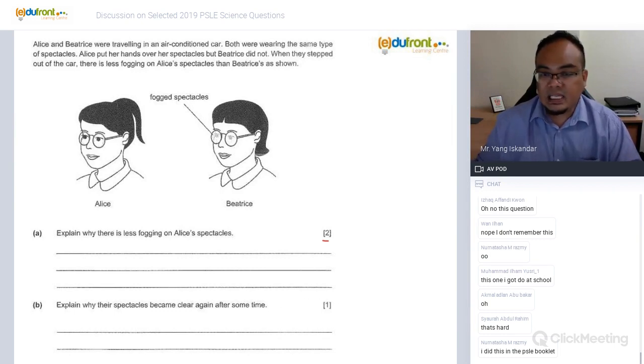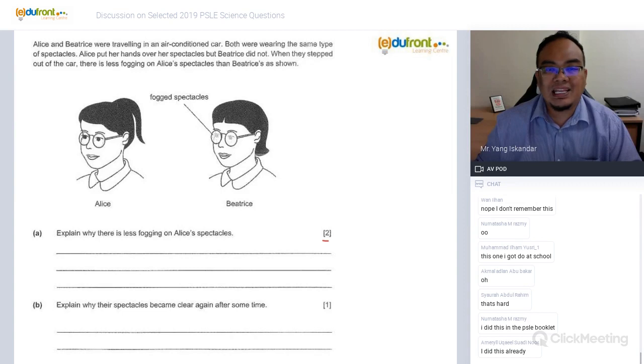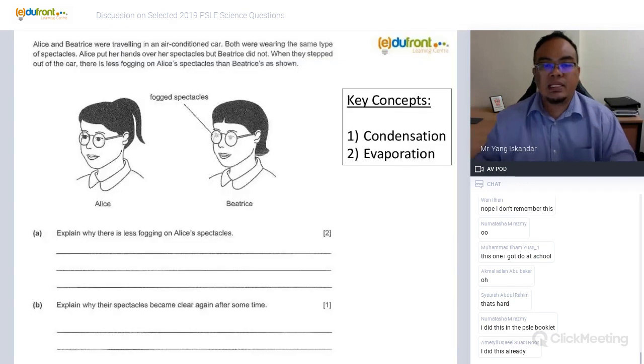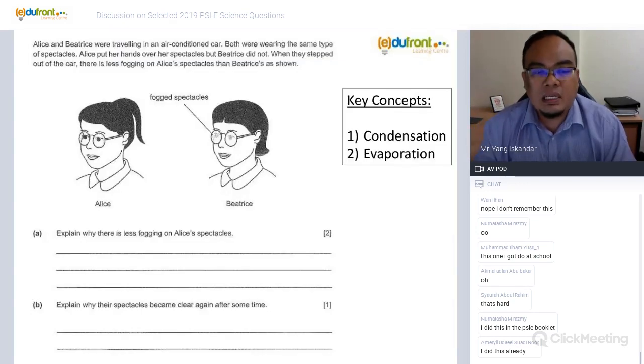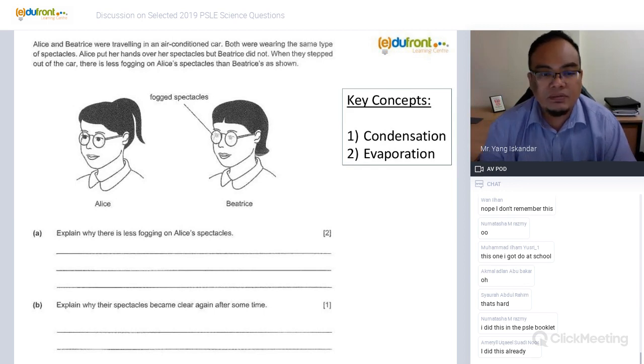Now, when you approach an application question, the first thing that you need to ask yourself is, what concepts are they testing you in this particular scenario? If you're familiar, this situation is not entirely unfamiliar to most of you, especially those of you wearing spectacles like myself.